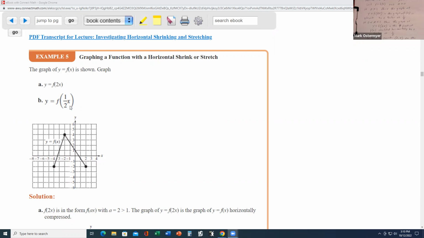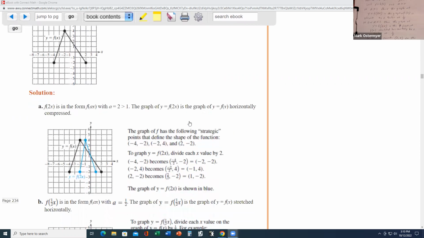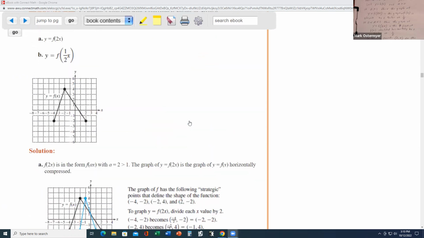Shrinking or stretching here? That one is stretching for B. Yes, this will be a horizontal stretch. Okay.